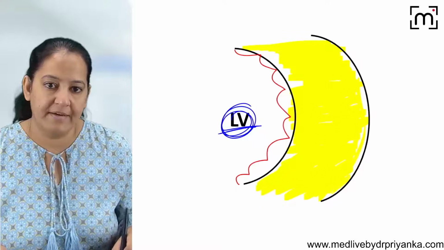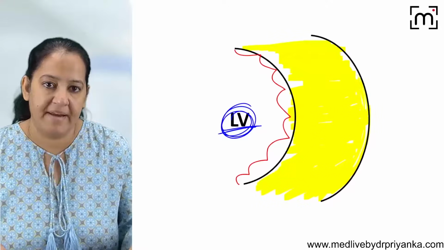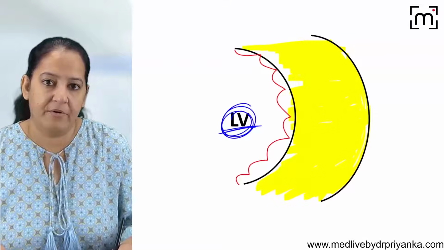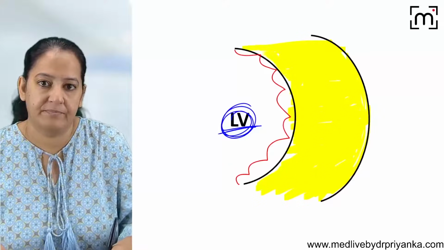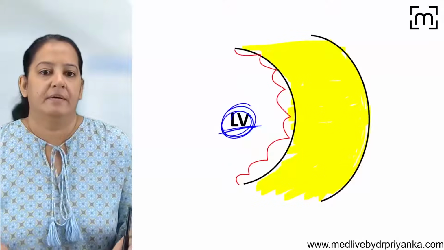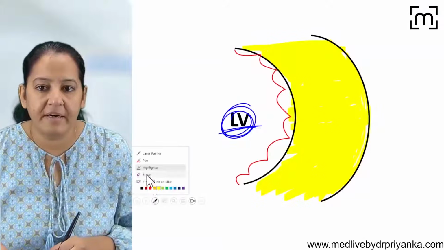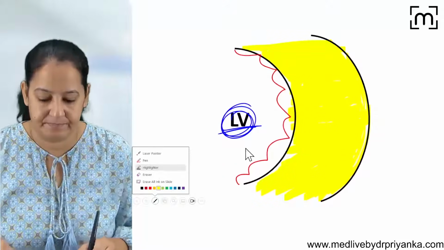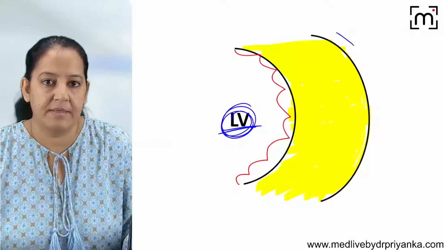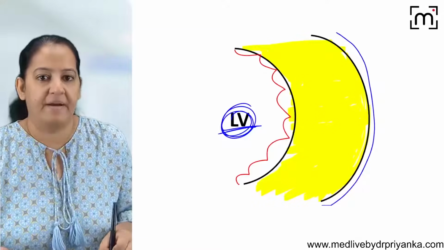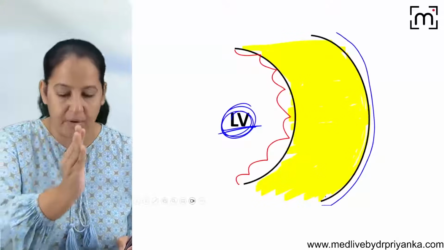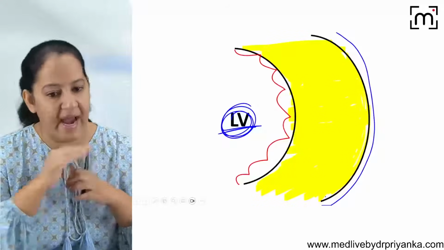And the outermost layer is the pericardium. So let me draw the pericardium now. Here I am drawing the pericardium. So we have endocardium, myocardium, pericardium. Can you see the 3 layers? Endo, myo, peri.